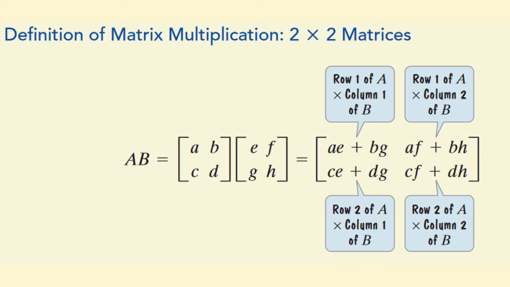So, when we multiply, let's think about the locations of what we're going to end up with. If we're taking a 2 by 2 thing times a 2 by 2 thing, what we end up with is another 2 by 2 thing that in this case looks kind of ugly.